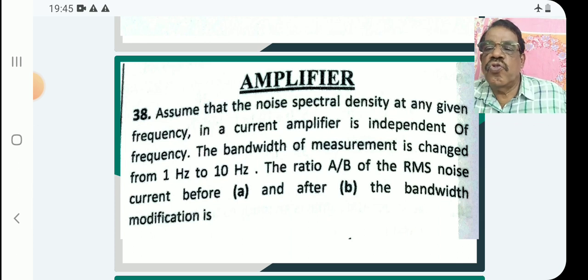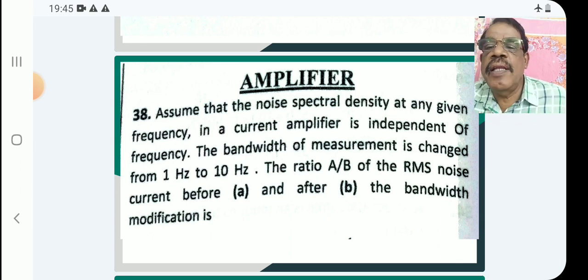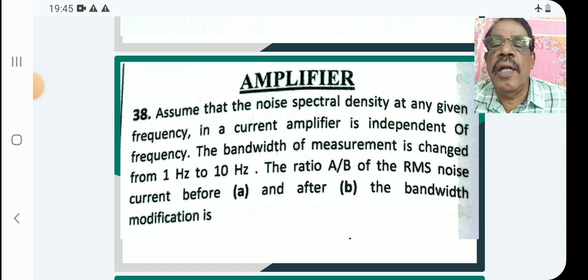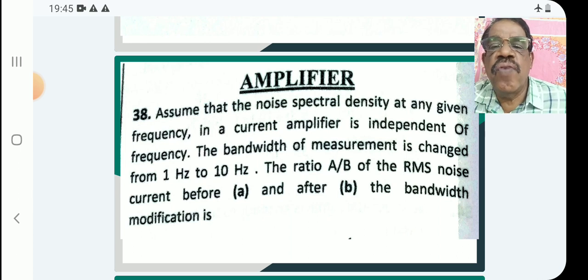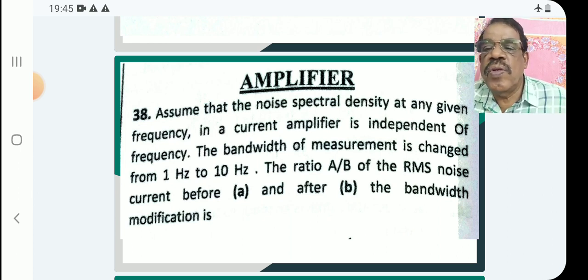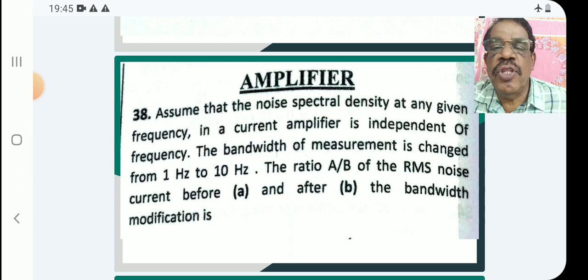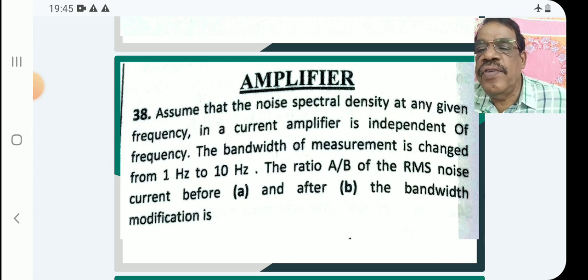Next is an amplifier question. Assume that the noise spectral density at any given frequency in a current amplifier is independent of frequency. The bandwidth of measurement is changed from 1 Hz to 10 Hz.